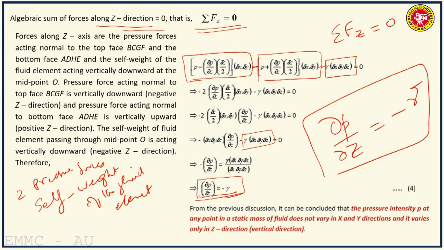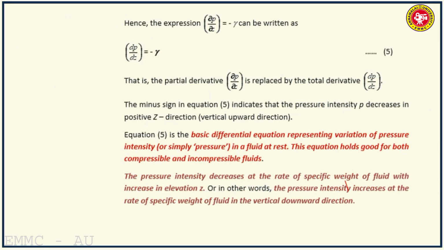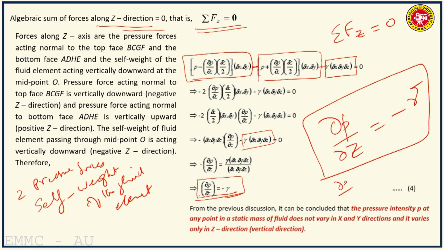So this is a landmark derivation. So you get ∂P/∂x equal to 0, ∂P/∂y equal to 0, ∂P/∂z equal to minus gamma.